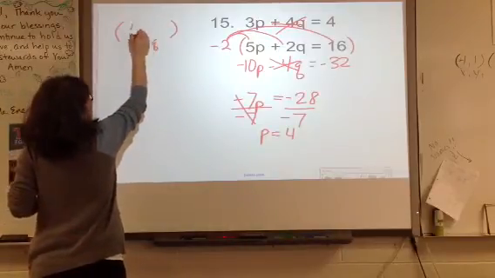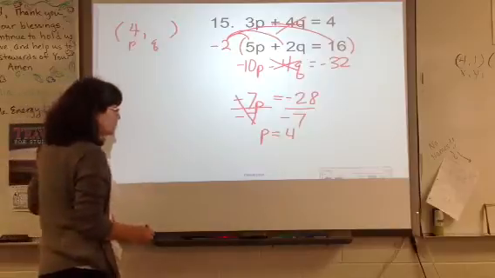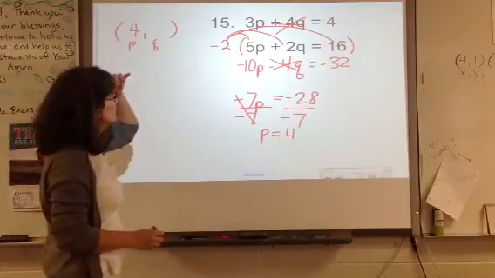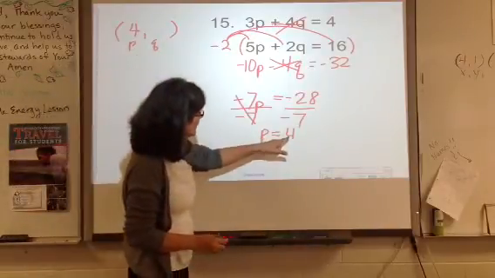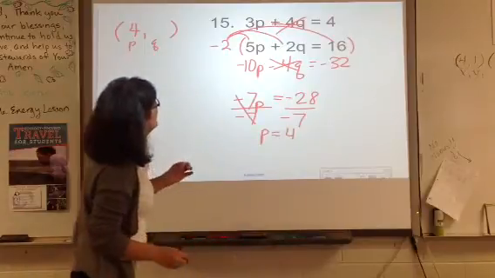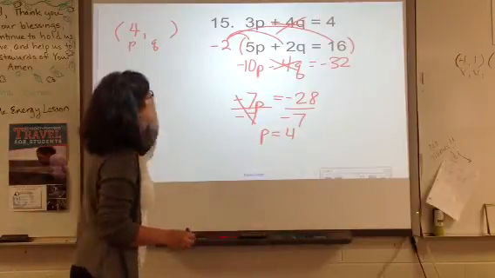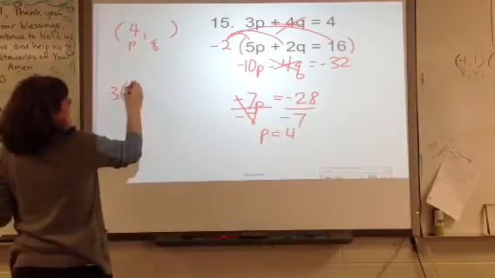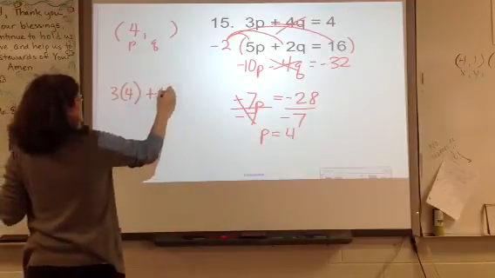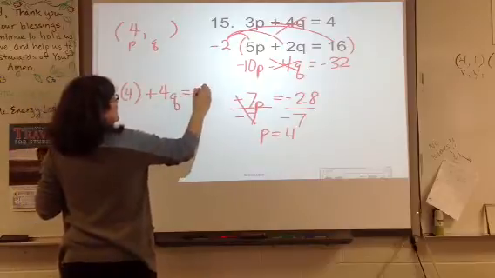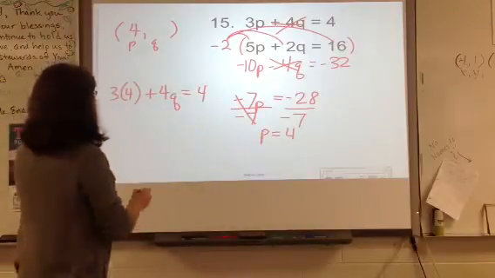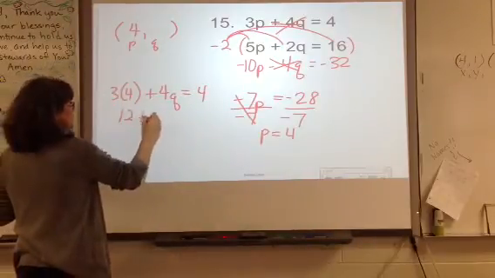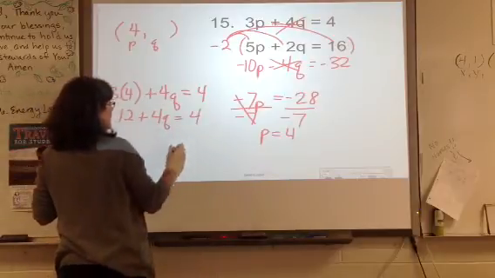So 4 right there. Now, to find q, I take one of the original equations and put 4 in where the p is. I'm going to use the top one and put 4 where the p is. 12 plus 4q equals 4.